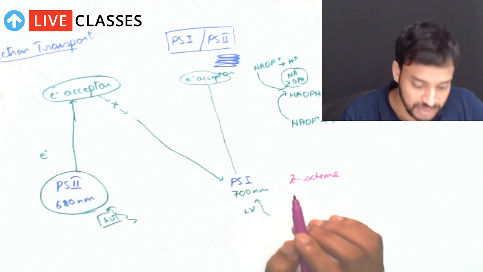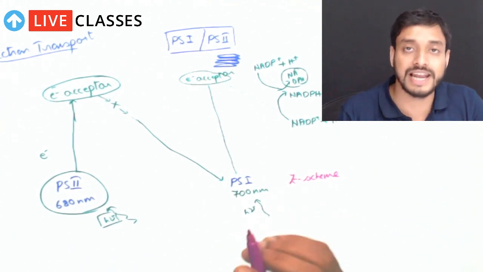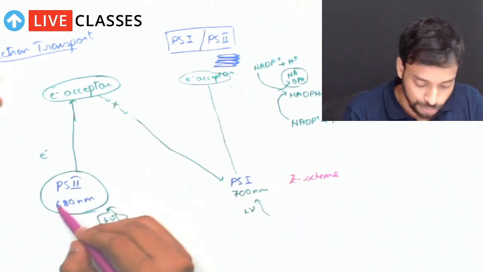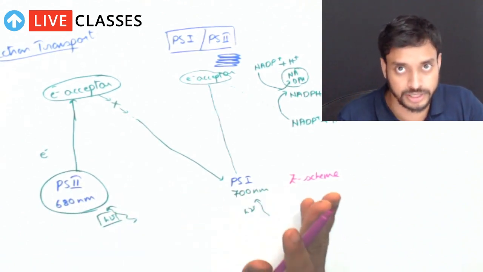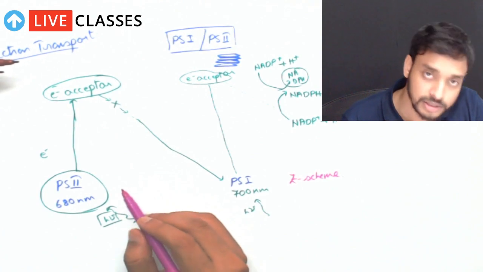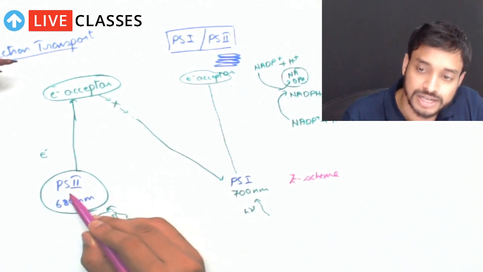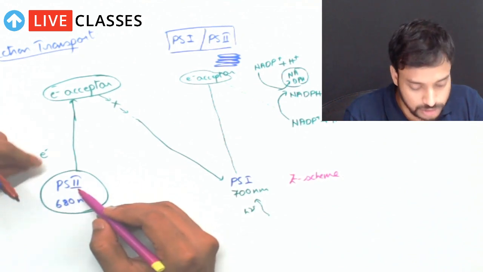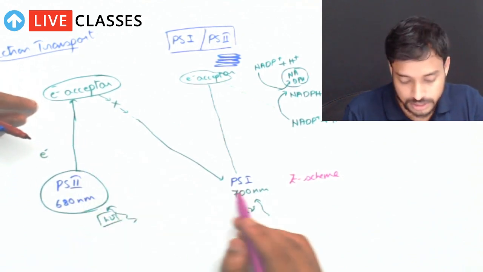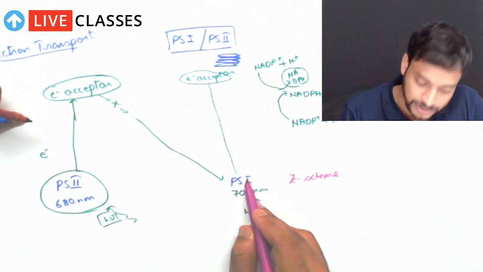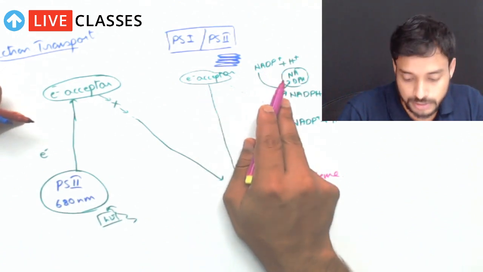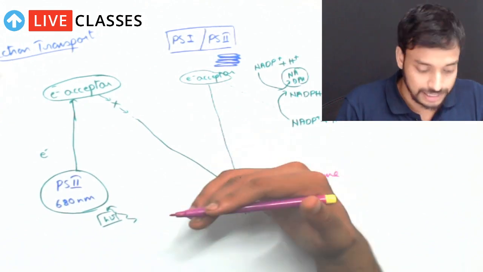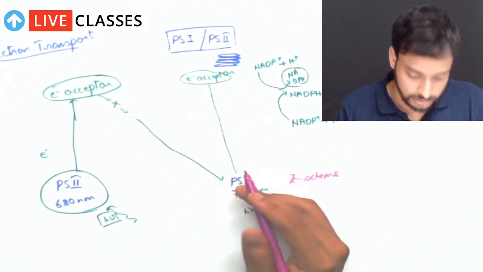The Z scheme is the process in which electrons are transferred through both the photosystems. You have to remember that photosystem 2 starts first and then photosystem 1. The electrons released from photosystem 2 are passed on to photosystem 1, and in this process NADPH is produced, which is required for the production of energy.